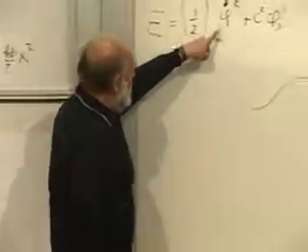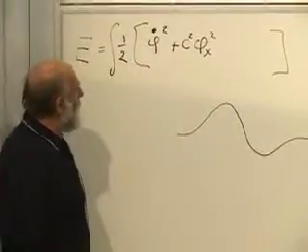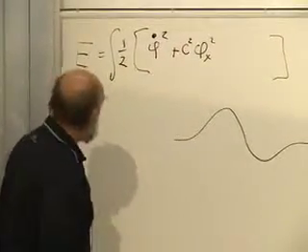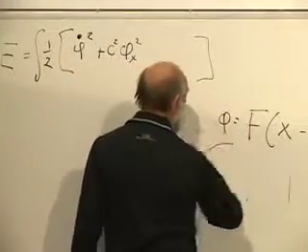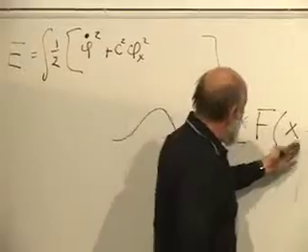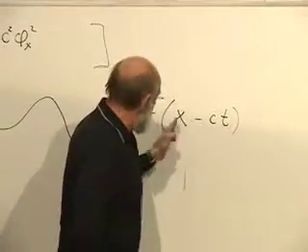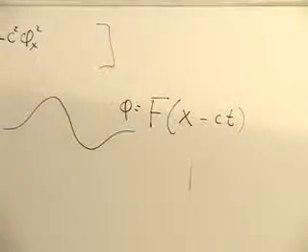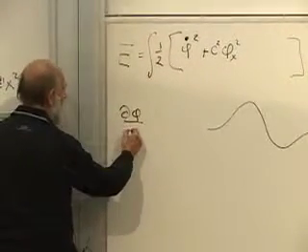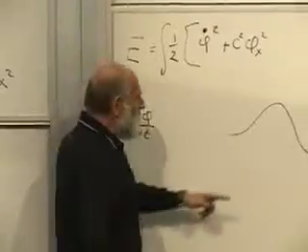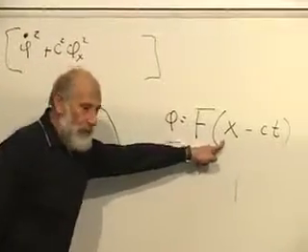And let's calculate this: phi dot squared plus c squared d phi by dx squared. Phi does not depend on x and t separately. It depends on the combination x minus ct. So what is phi dot? d phi by dt. That's the derivative of f with respect to its argument.